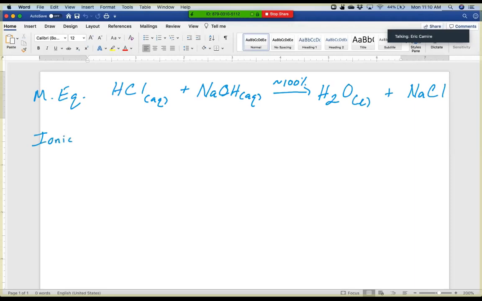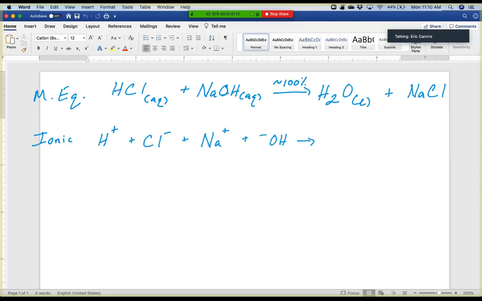If I went through and wrote the ionic equation, I asked myself, is this compound going to fully dissociate? Well, a strong acid will. We know that's going to dissociate into effectively H+, even though we know that doesn't actually exist as H+. It'll dissociate into chloride. Sodium hydroxide dissociates into sodium plus and hydroxide.